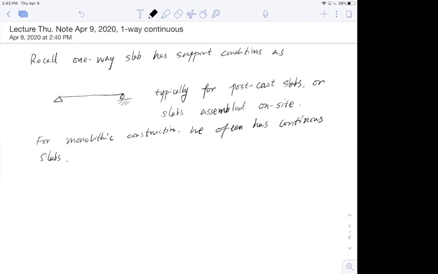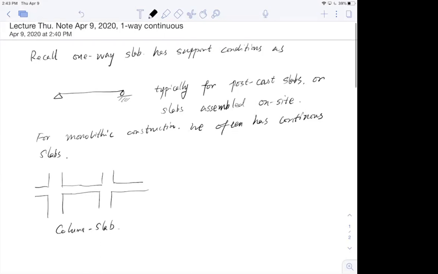So for that, we can show some examples. For instance, I have a column and slab joint, column slab, or column beams actually, it doesn't really differentiate. So for example, this is a column slab system.